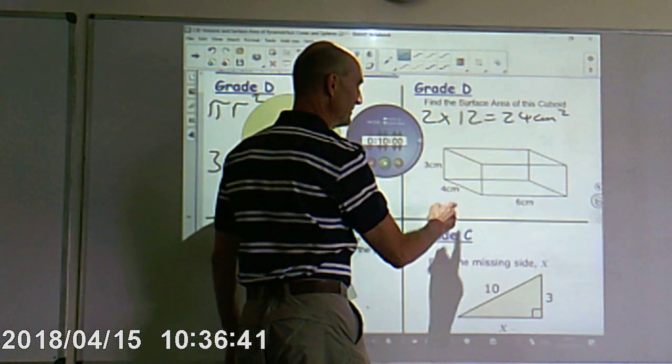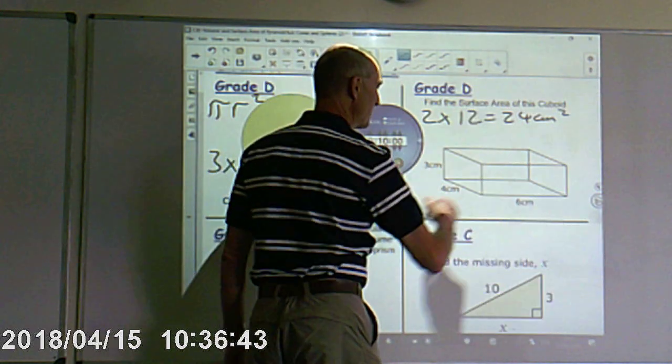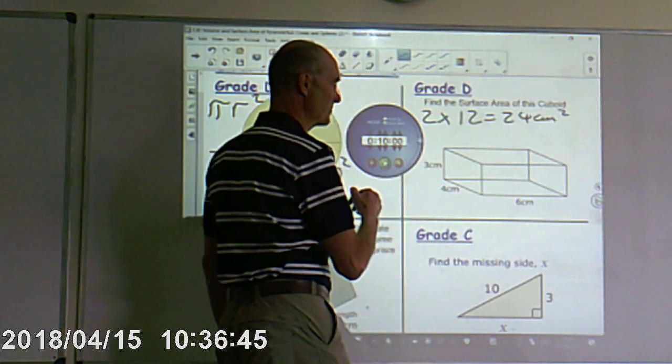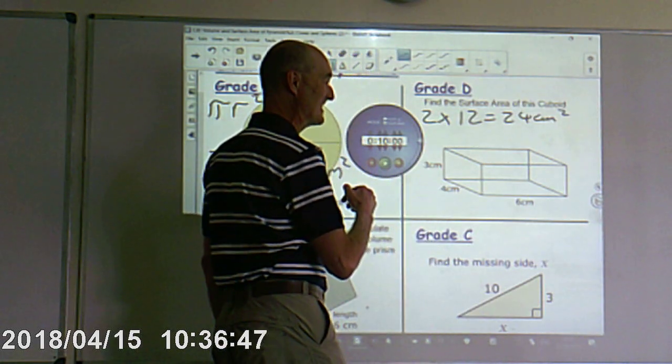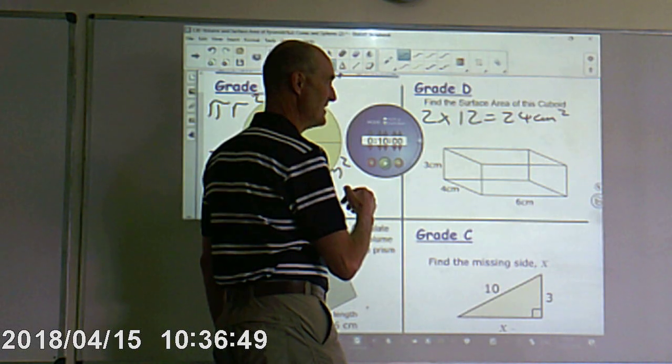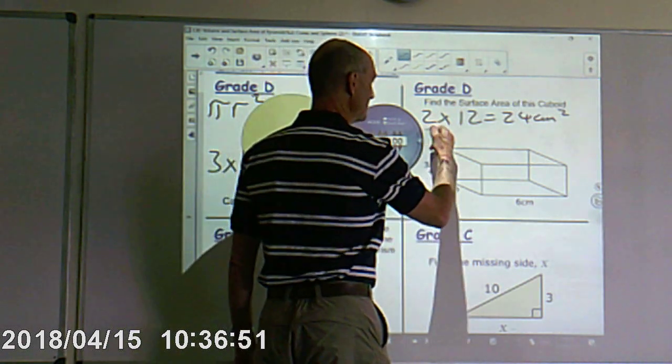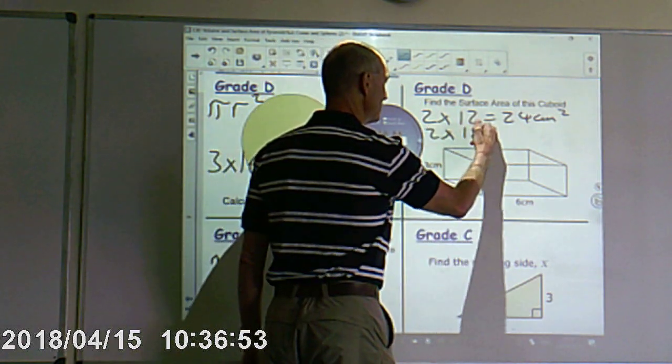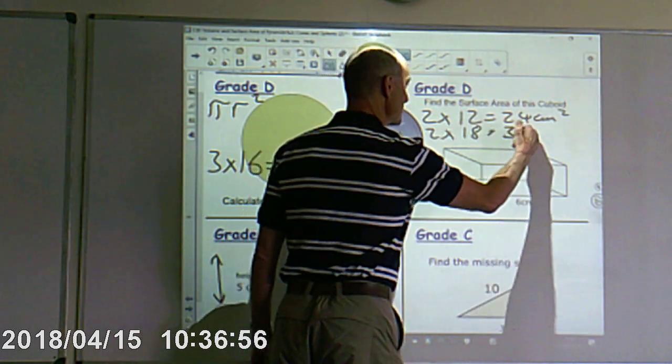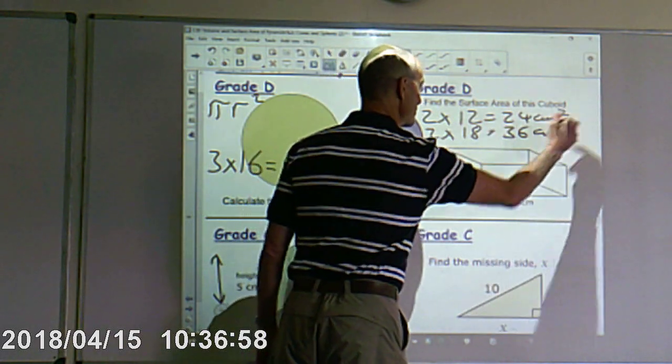Front and the back is 3 centimetres by 6 centimetres. 3 centimetres by 6 centimetres is 18 centimetres squared. 2 lots of that, 2 lots of 18 gives me 36 centimetres squared.